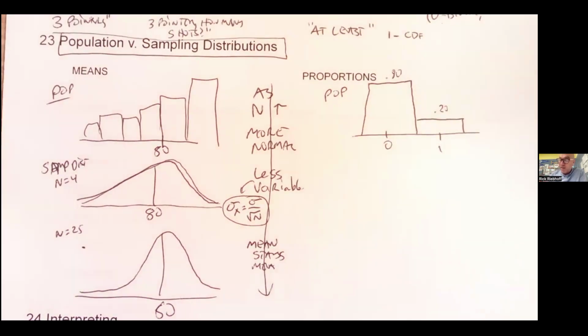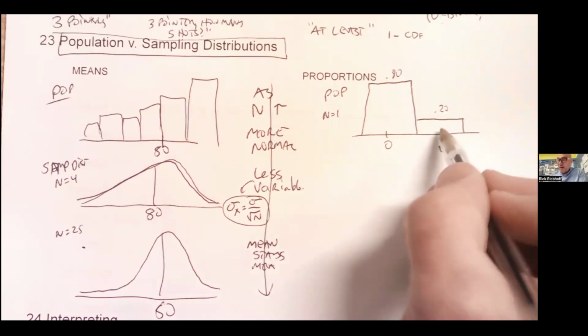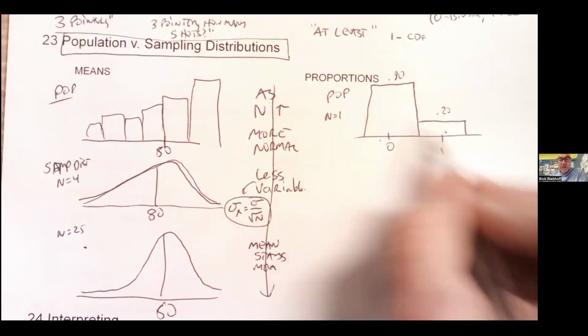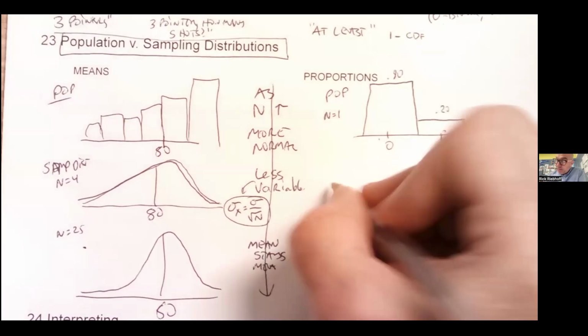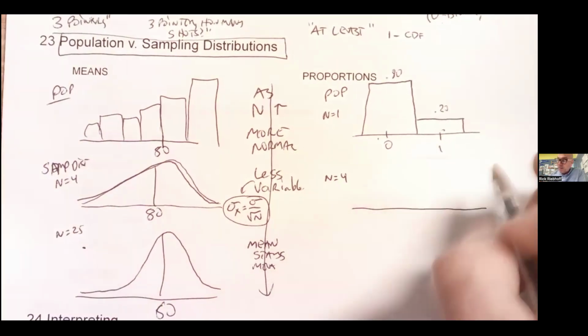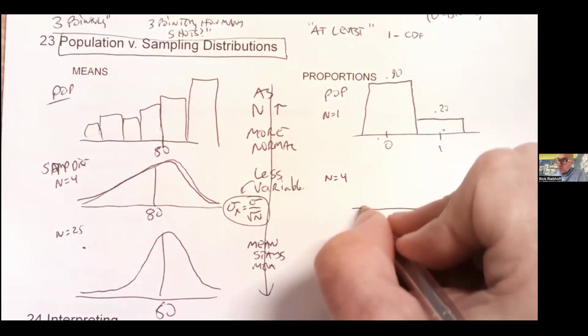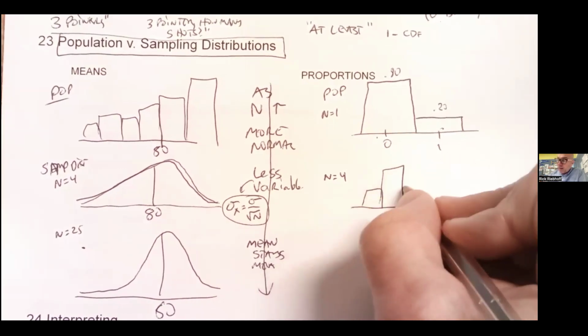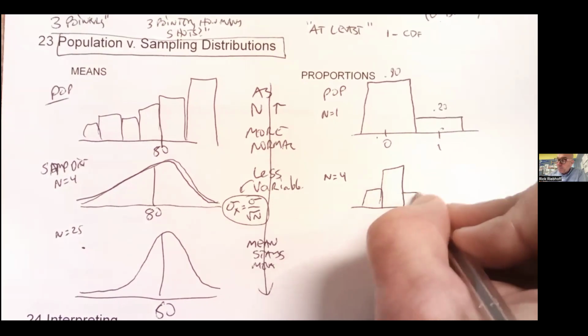If we had a sample size of 1, we just ask somebody yes or no. They either say yes or they say no. There's only 2 outcomes here. But if my sample size was 4, I could have 2 people say yes and 2 people say no, or 3 people say yes and 1 person say no. So we're going to get something that looks a little more distributed, maybe like this.